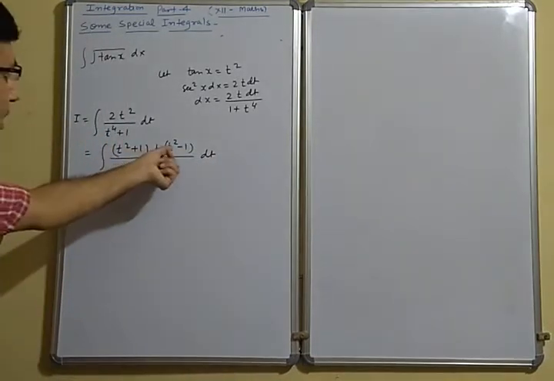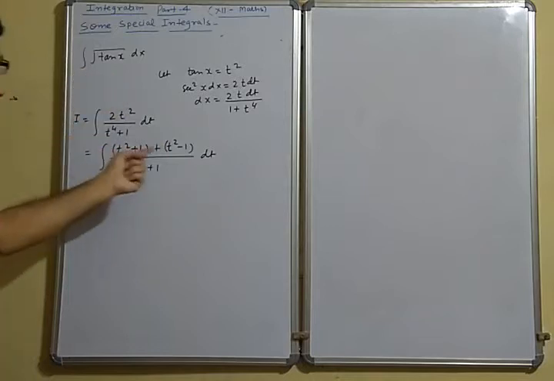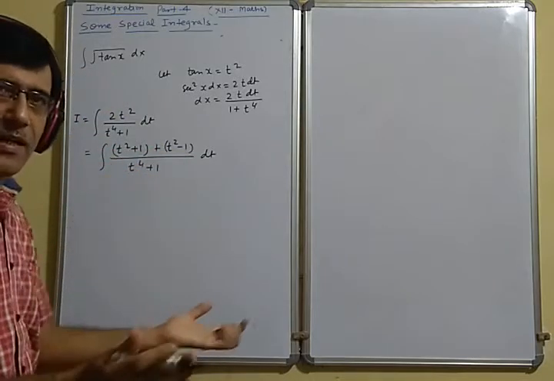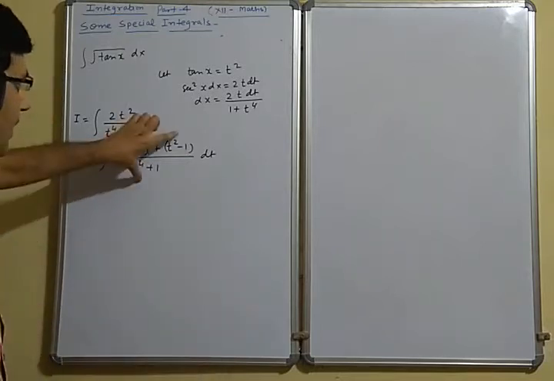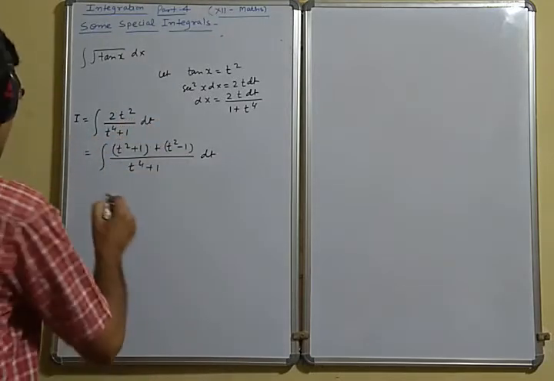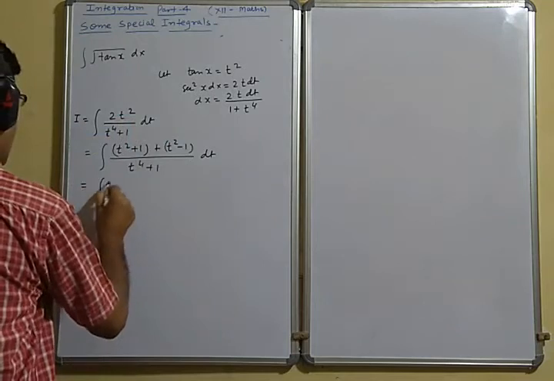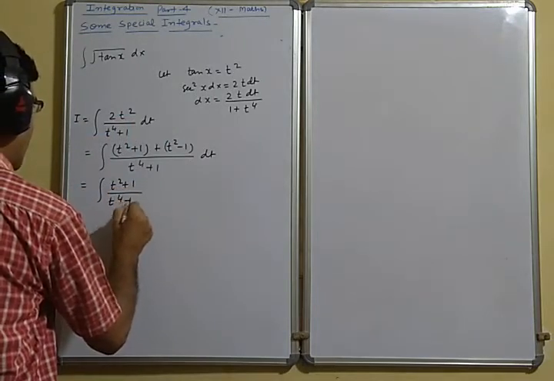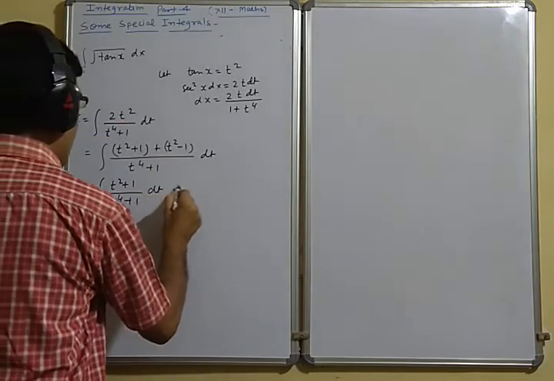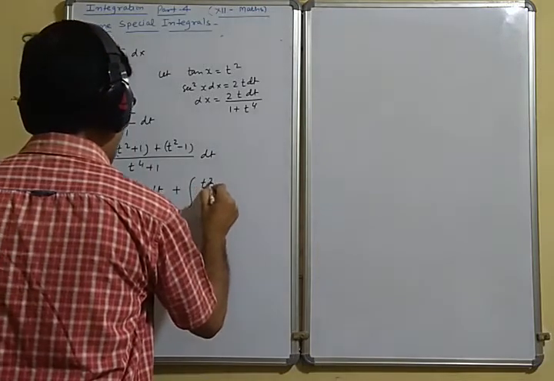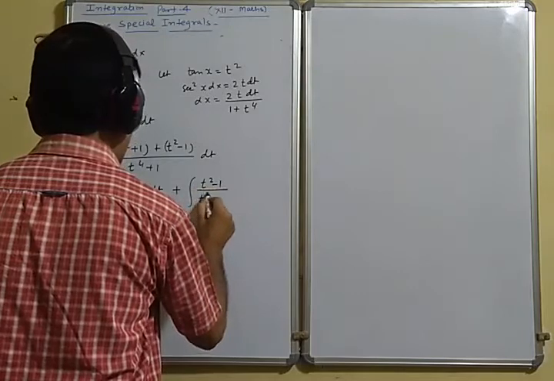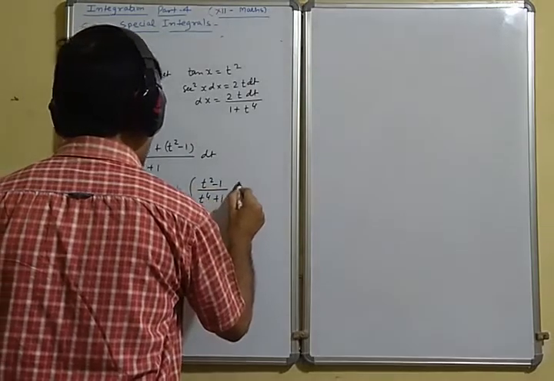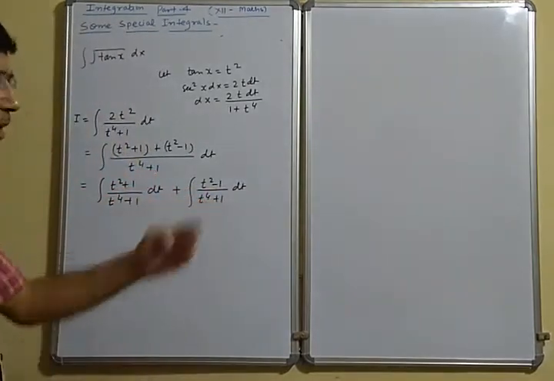T square plus t square, that is 2t square. 1 cancels out, t4 plus 1. So now we have two separate integrals, that is first and second type. So this becomes integration t square plus 1 upon t4 plus 1 dt plus t square minus 1 upon t4 plus 1 dt. These two types of integrals.